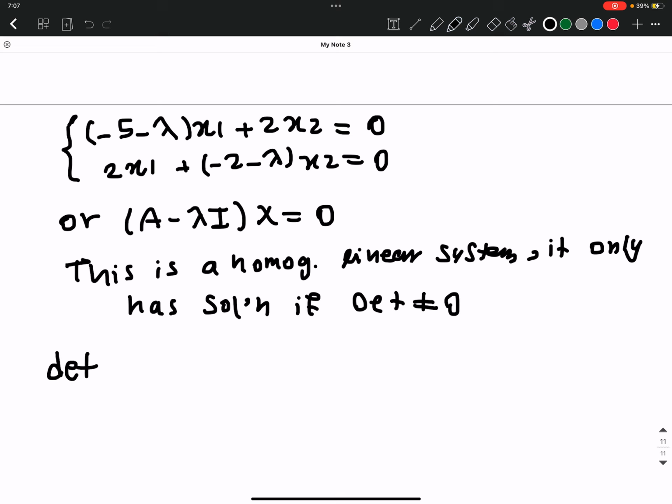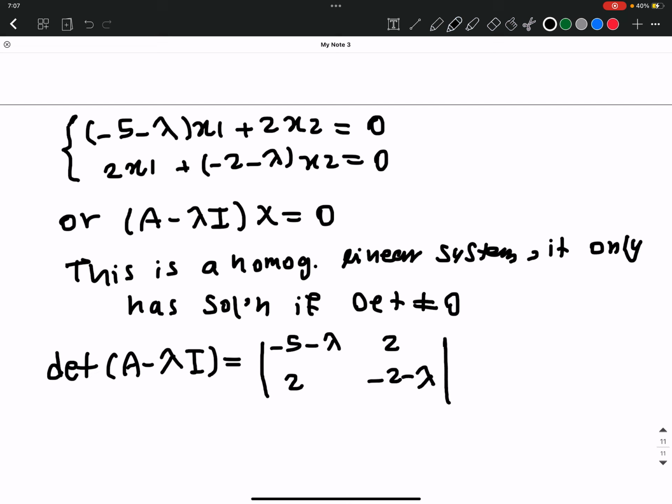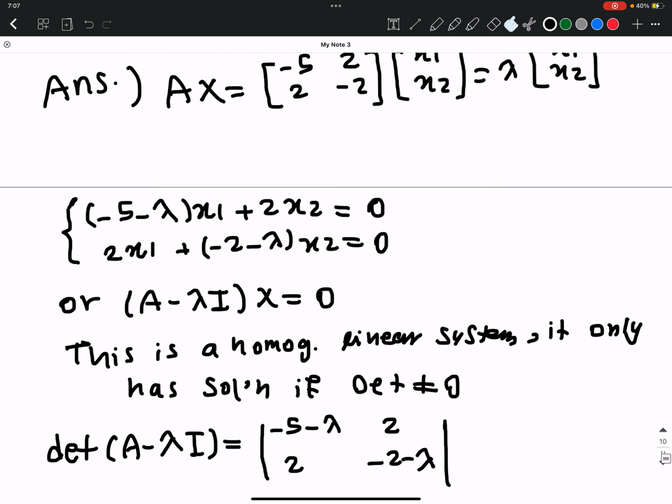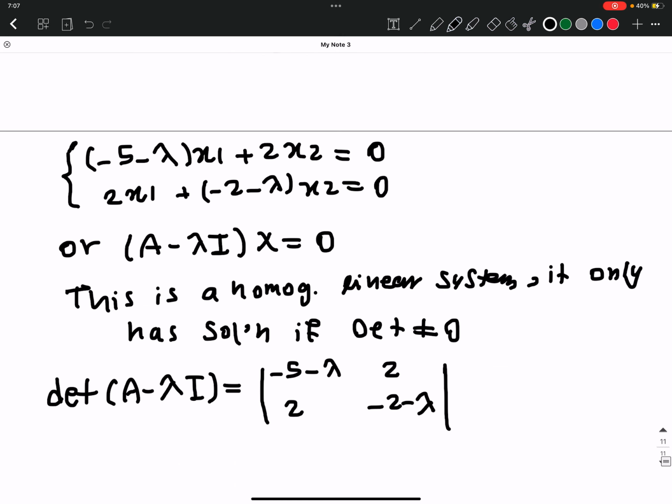So let's calculate the determinant of A minus lambda I. This matrix is [-5 - lambda, 2; 2, -2 - lambda]. I can rewrite those equations in terms of this matrix, based on the original matrix with lambda on the diagonal.